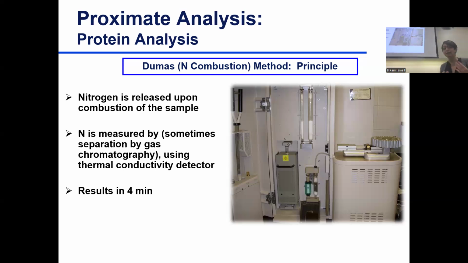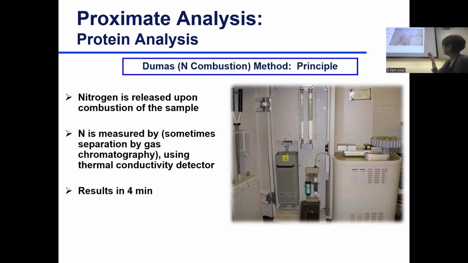So you have gases, you have air or oxygen. Oxygen, yeah. So you have oxygen gas to help with igniting or increasing the temperature, and also mixing the sample gases with oxygen.